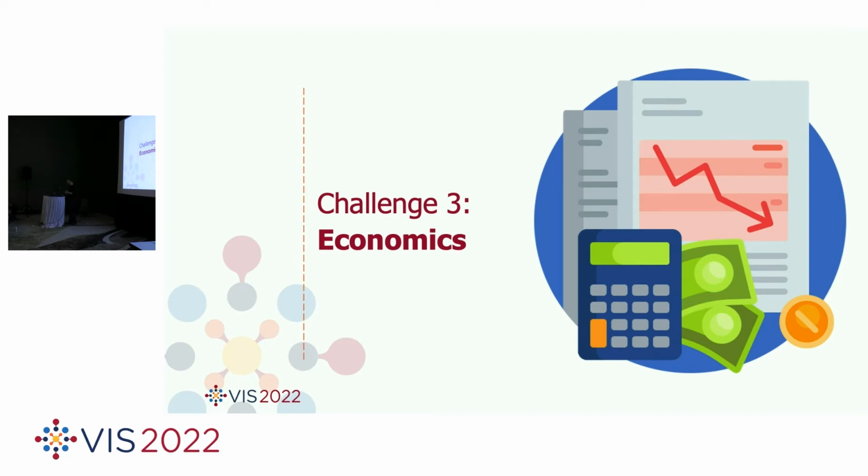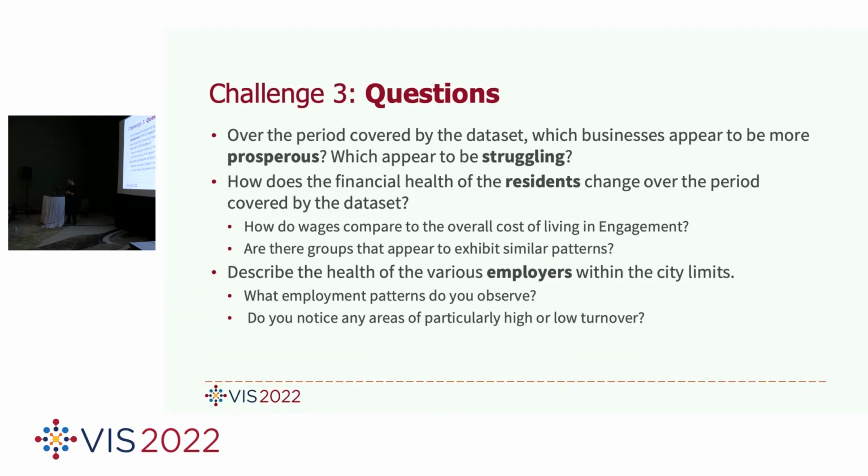And right, with Mini Challenge 2, we talked about pattern of life analysis, which had this really broad view of how people's lives might be changing throughout this city over time, how businesses might be changing. And now we're drilling in just on the economic health portion of that. So what are the questions that we put to our team? There were 3 big exploratory questions.